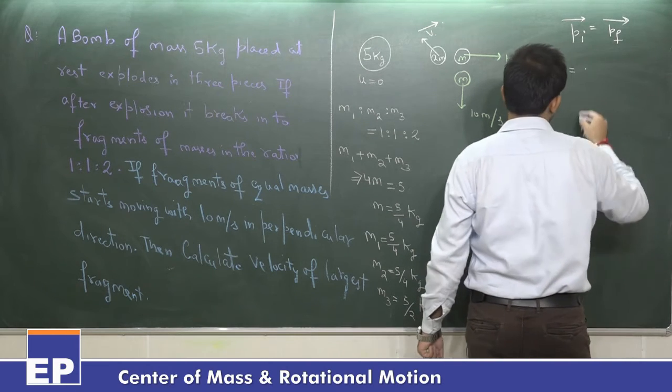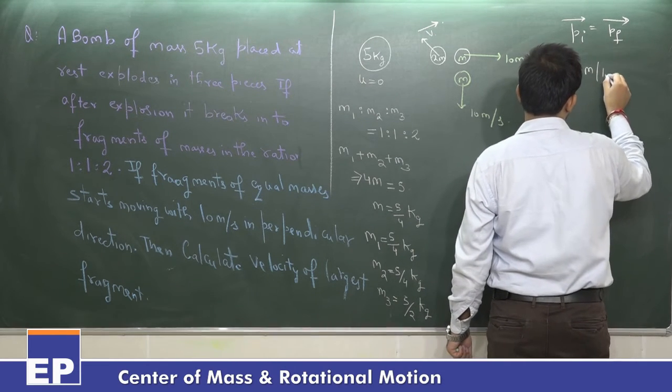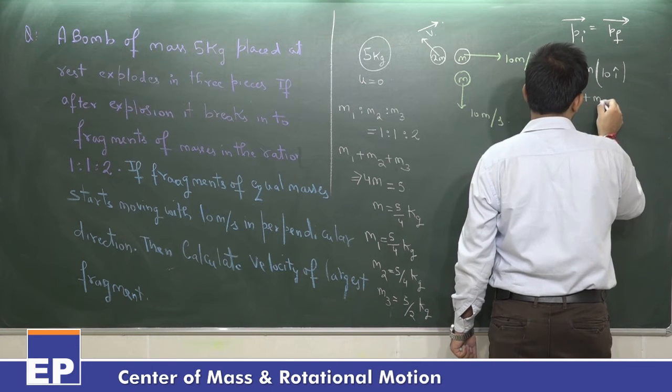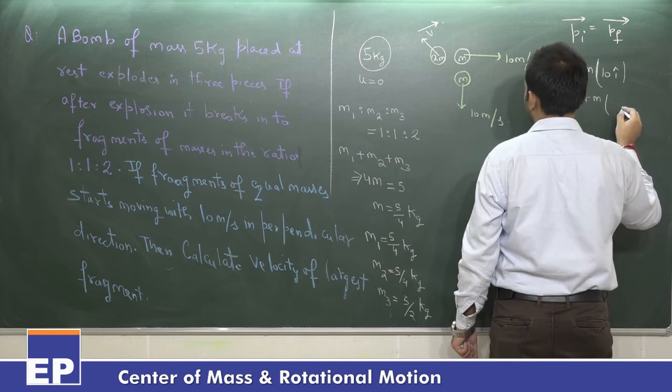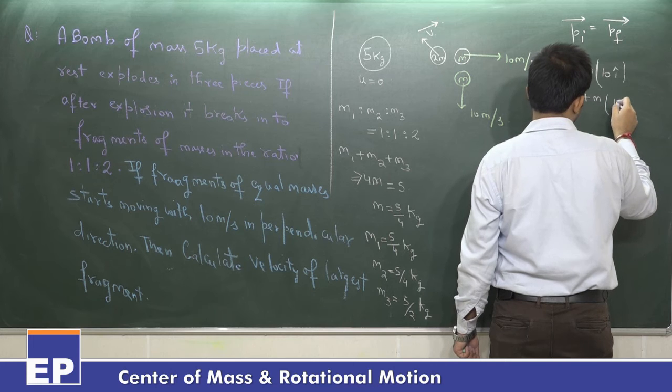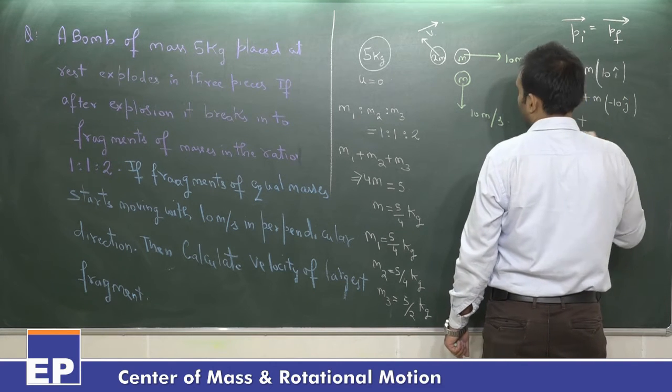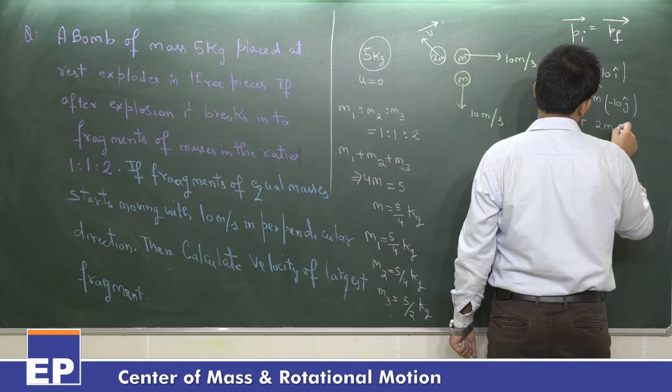It will consider 3 terms, that is m into 10 i cap, plus m into minus 10 j cap, and this is 2m into v vector.